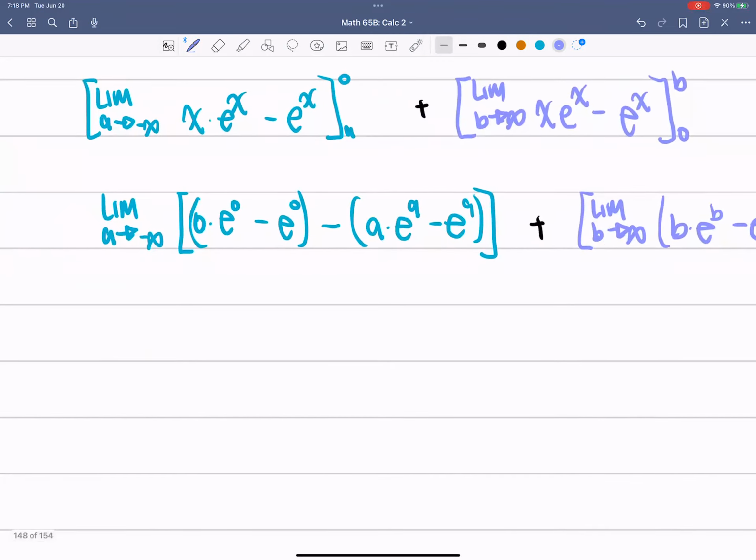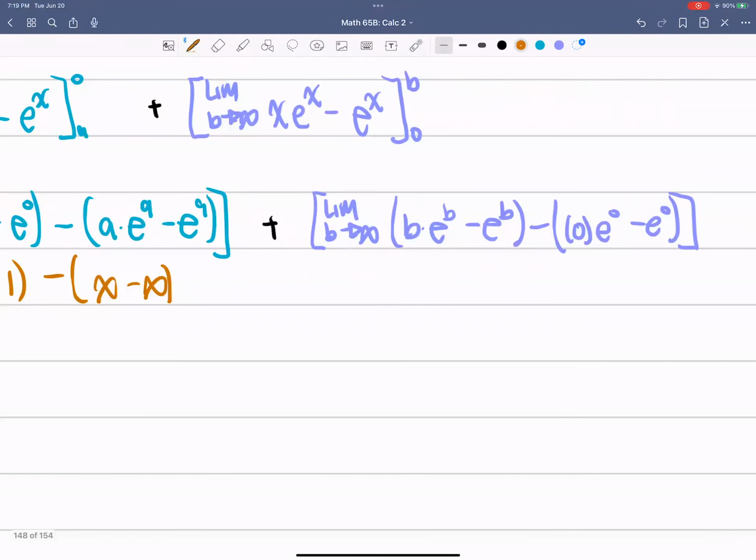Now evaluating, I'll do this in gold. We have 0 minus 1 minus infinity minus infinity. Not looking good. Plus infinity minus infinity, minus 0 minus 1.